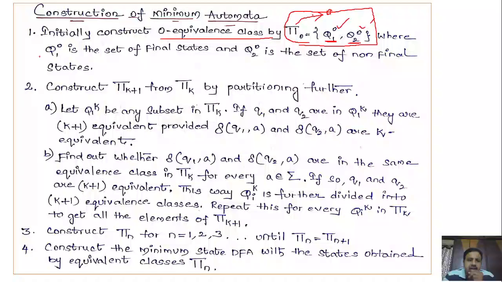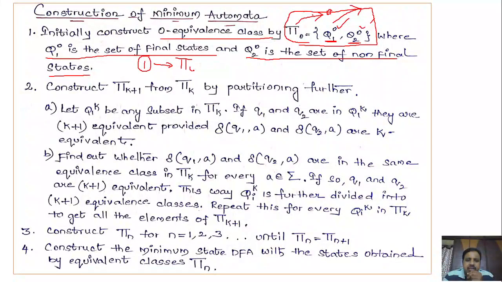Here Q1 power 0 is the set of final states, and Q2 power 0 is the set of non-final states. So whenever a problem is given, the first thing is that you have to generate pi naught. What is pi naught?